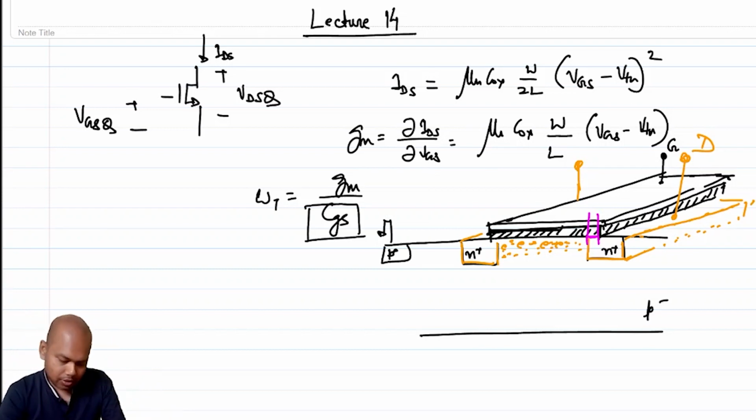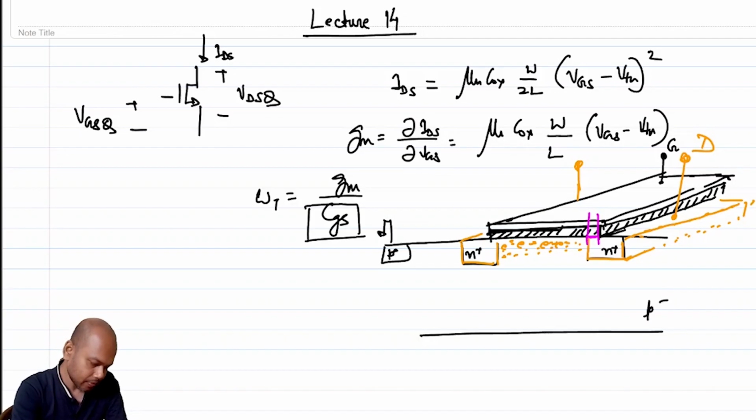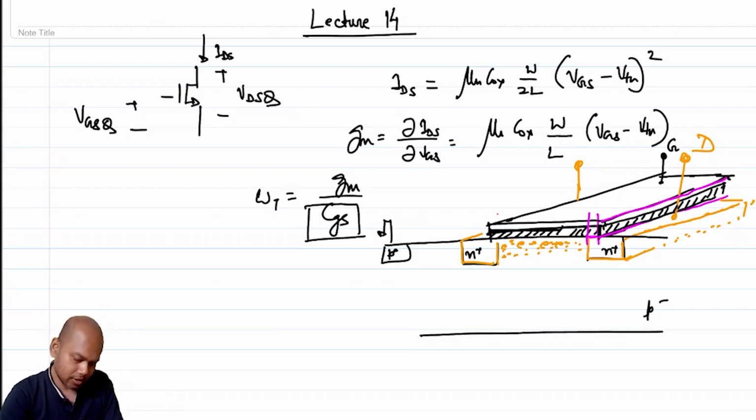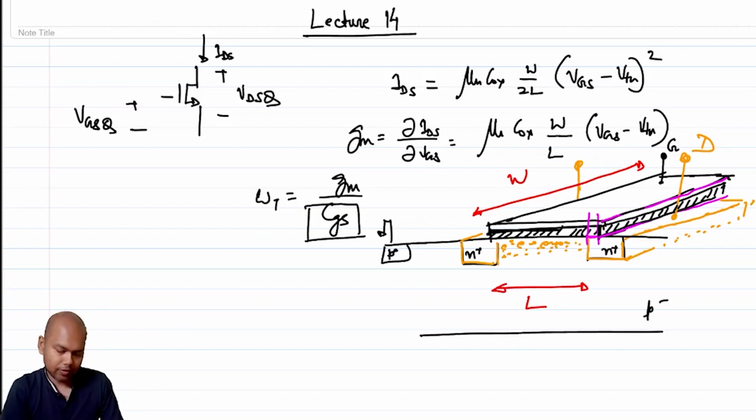The plate has this length, or the longer dimension of the plate is essentially the width of the transistor. This is the W of the transistor, this is the L of the transistor, the length of the transistor.